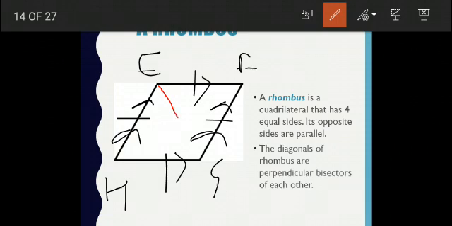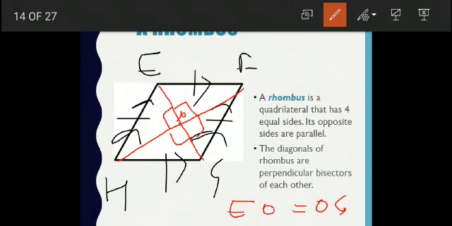if I draw the diagonal EG and the second diagonal FH, they make an angle of 90 degrees with each other, and the parts of the diagonals are equal. If we take the diagonal EG, it is split into two parts, EO and OG, which are equal.